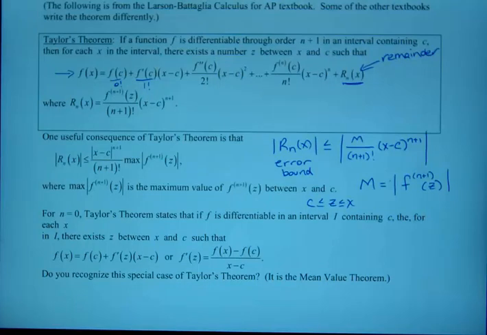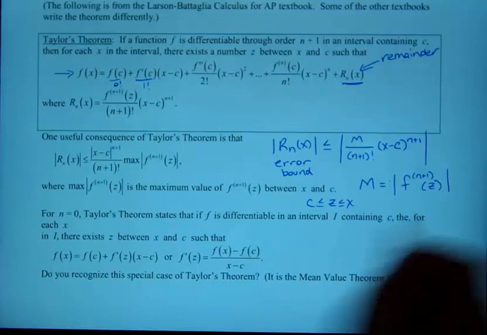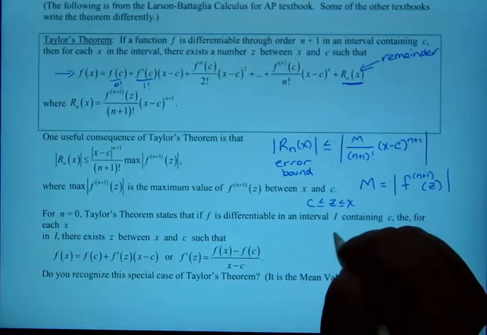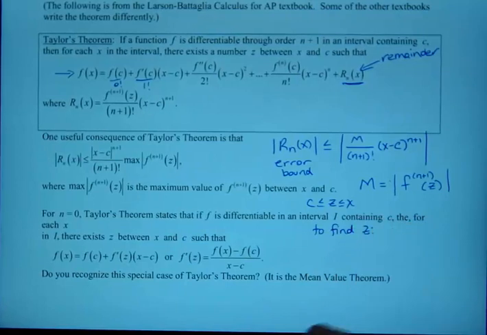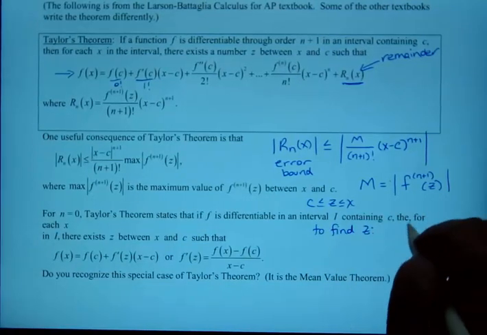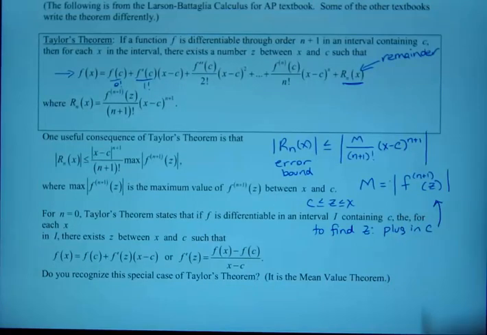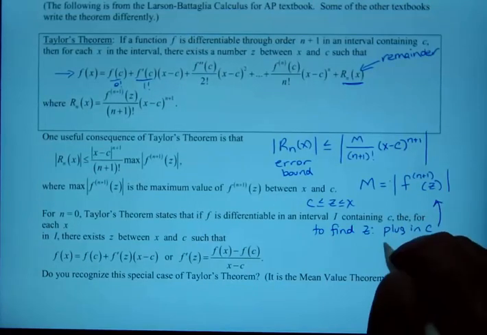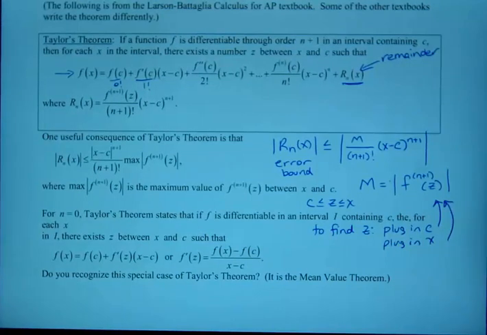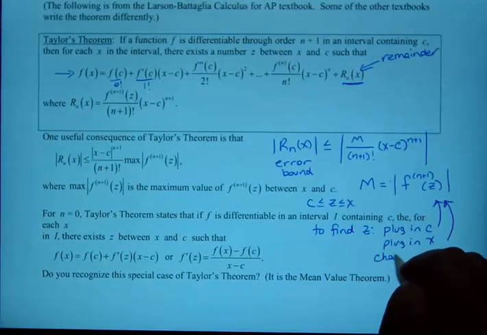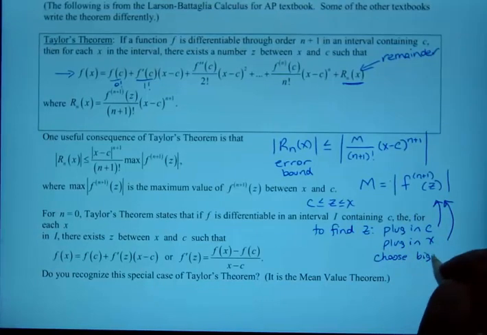Okay? And how do you find z? I'm going to have to squeeze it down in here. To find z, here's what you do. You plug in c to that function right there. Then you plug in x to that function right there and choose the biggest answer.